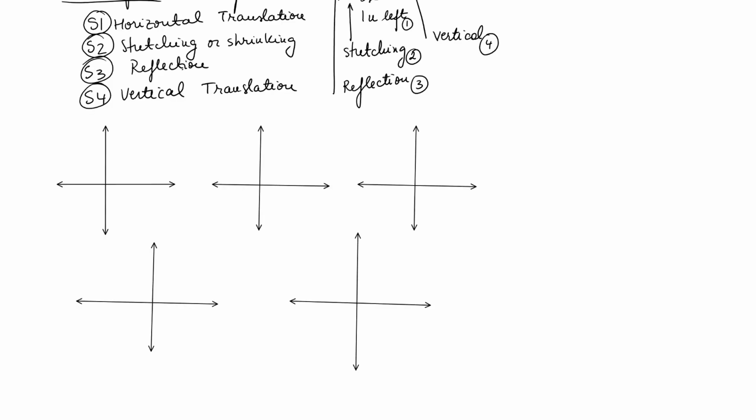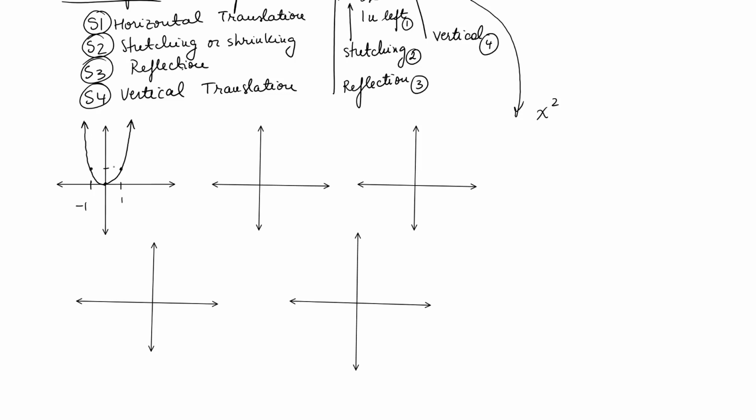So let's start. The parent function, obviously, here is x squared. So I'm going to graph x squared. -1, 1, 0, 0, 1, 1, and this is the parent function. Now the next one is the shifting 1 unit to the left.